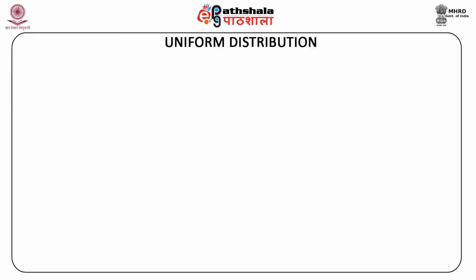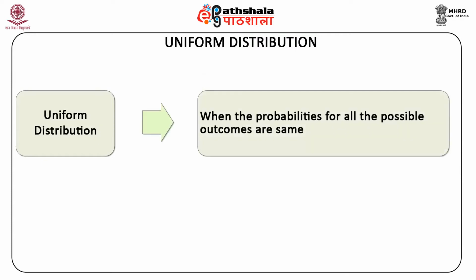Now we will first look at uniform distribution. The uniform distribution is the simplest of all the continuous distributions. A distribution is defined to be uniform when the probabilities for all the possible outcomes are the same.